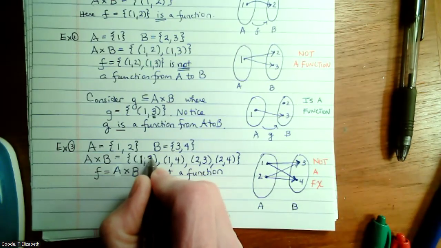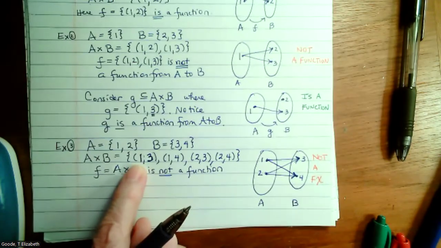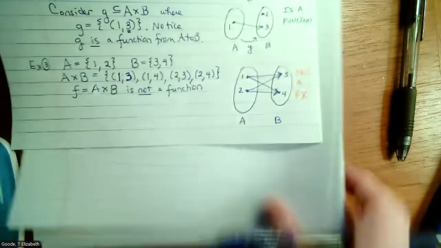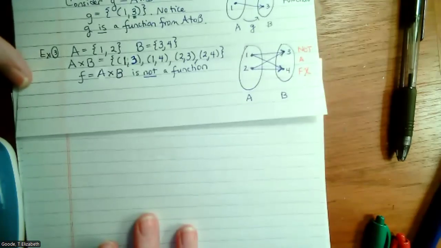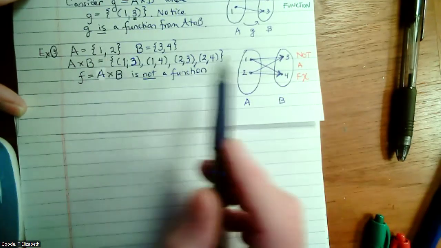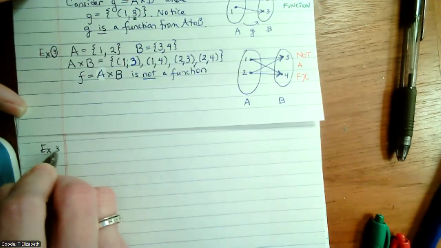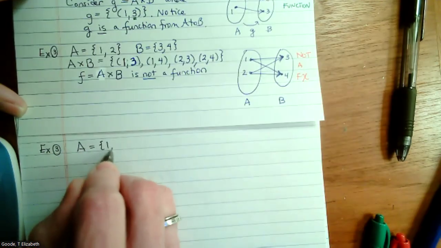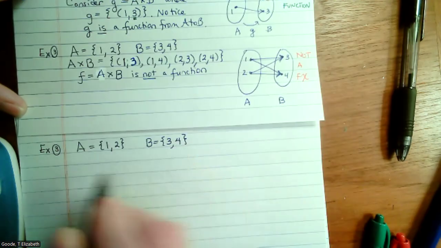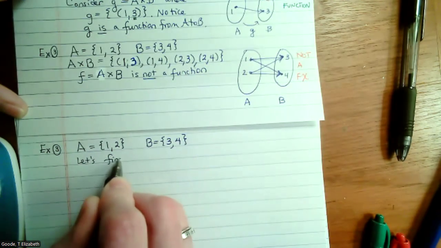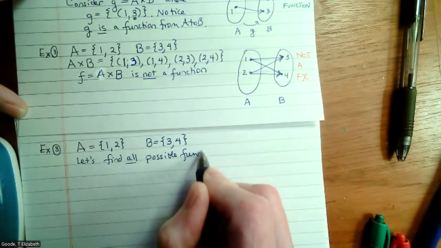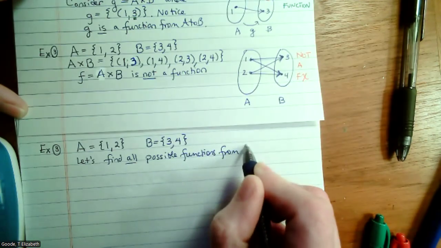As long as we take one of the ordered pairs that has 1 as a first coordinate and one of the ordered pairs that has 2 as a first coordinate, we can build different functions from A to B for this A and this B, but we have to make sure that no element from A pairs with more than one element of B. Let's see if we can build every different function that is possible from this A to this B. Let's find all possible functions from A to B.